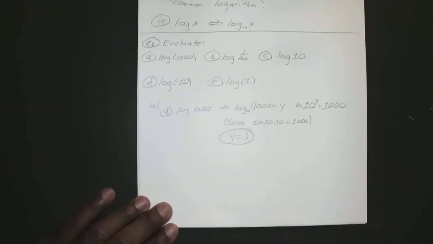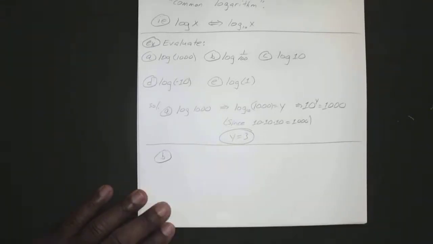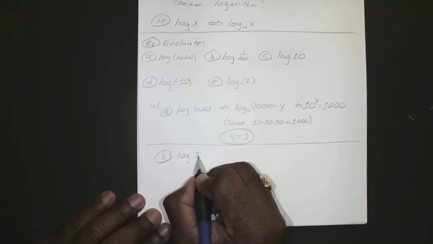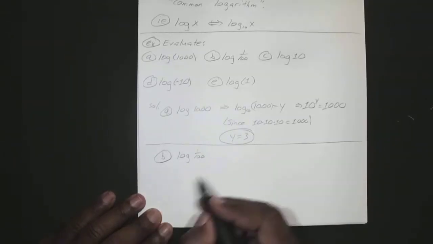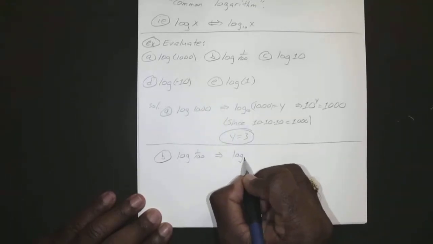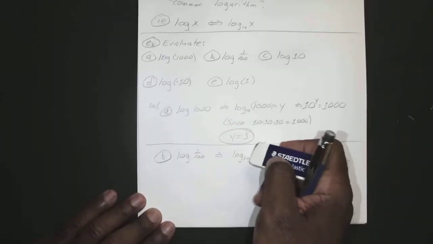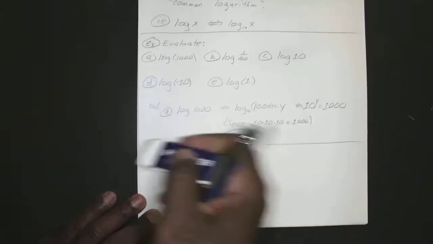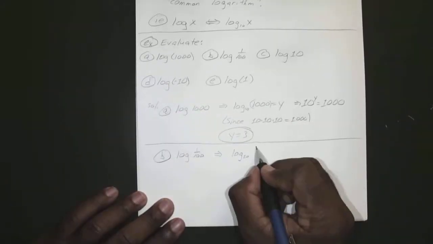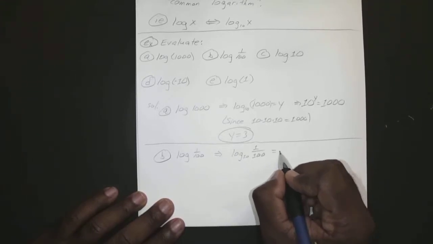Okay. So let's say for problem B, log of 1 over 100. I'm just going to rewrite that as log base 10 of 1 over 100 equals y.